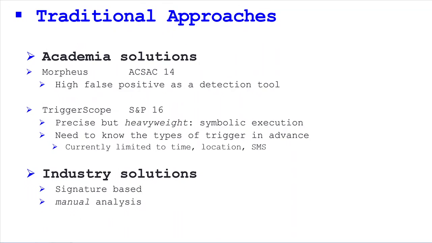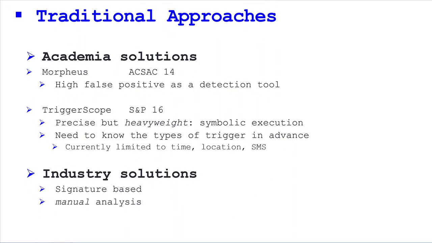Due to the nature of symbolic execution, it is very heavy, and therefore has some performance issues. They also needed to do some customization for certain types of triggers, which means they need to know the types of triggers in advance. So currently, they are limited to time, location, and SMS-based logic bombs.